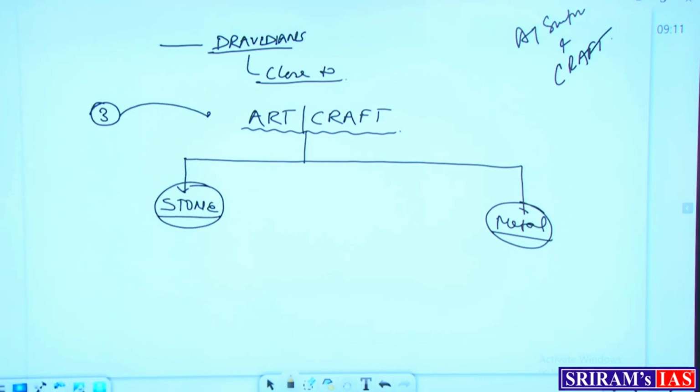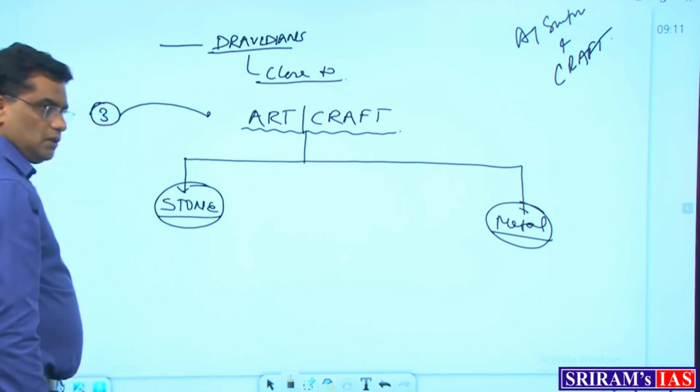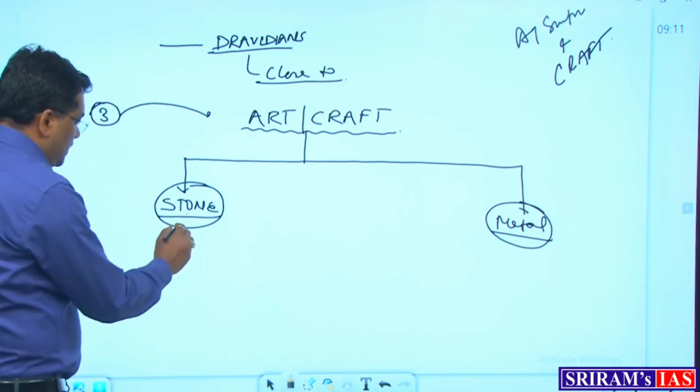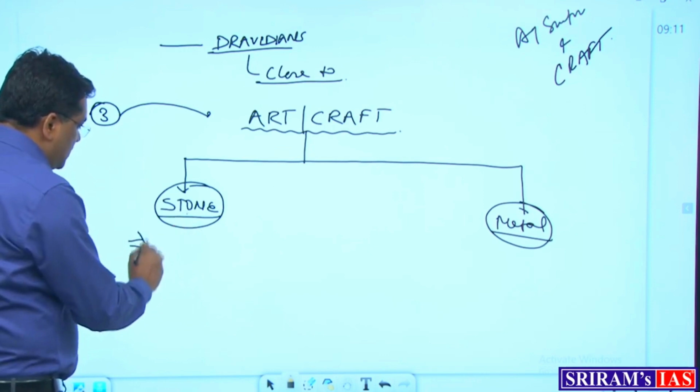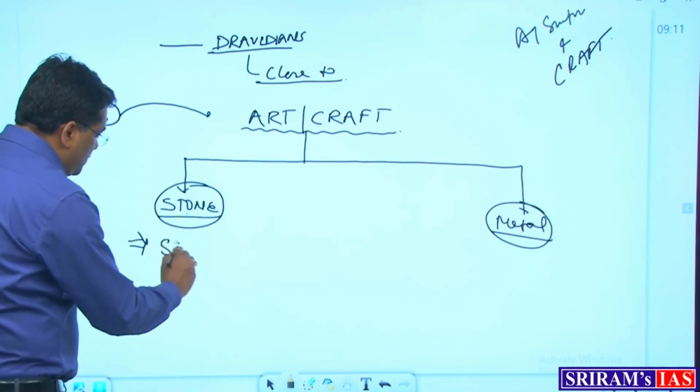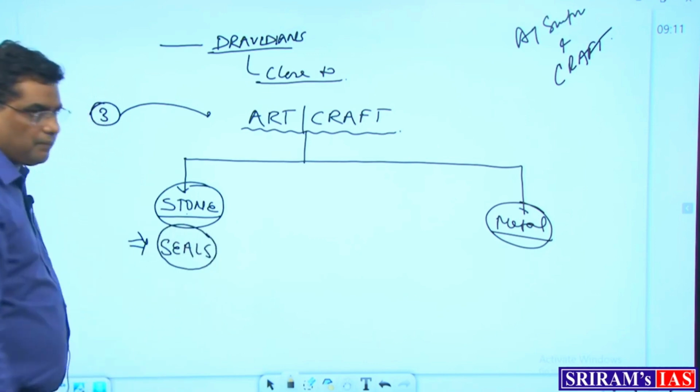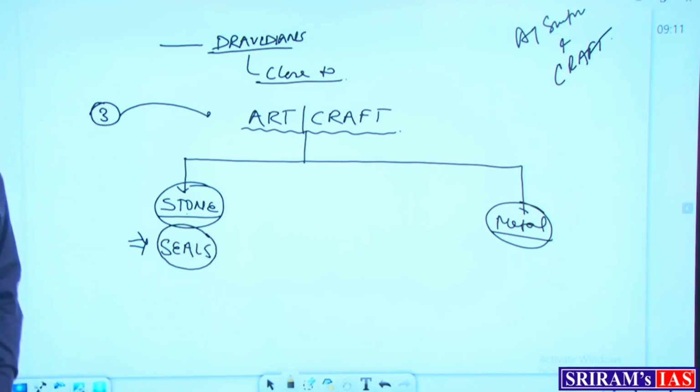Out of the stone crafts, we see there are many examples, like they constructed beautiful seals. Seals, you understand, muhar, like on paper you put a seal, government officials like a DM, you put the seal.